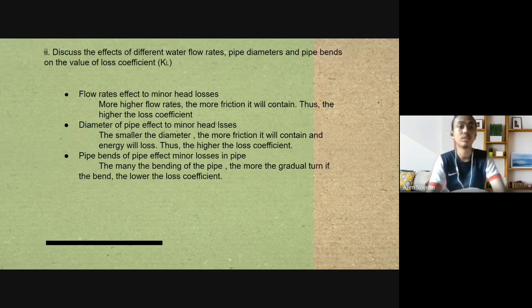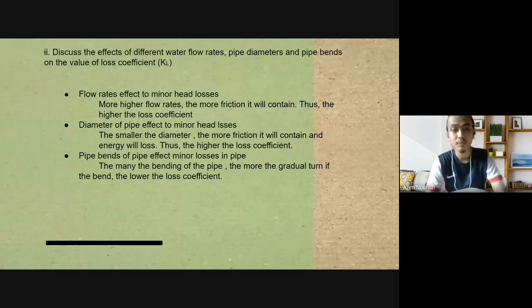The bend of the pipe will affect the loss coefficient. The more gradual the turn of the bend, the lower the loss coefficient we get for the pipe. Okay, we move to the last question.